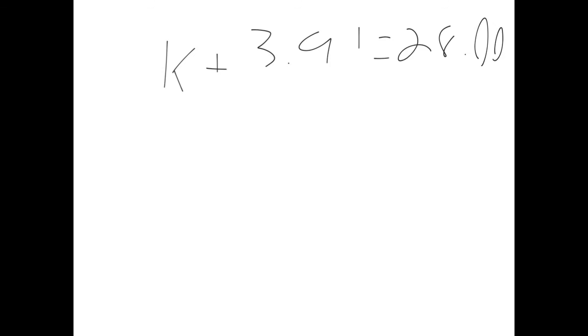So I'm going to be doing k plus 3.9 equals 28. So what you're going to want to do is subtract 3.91 and then subtract 3.91 from this.